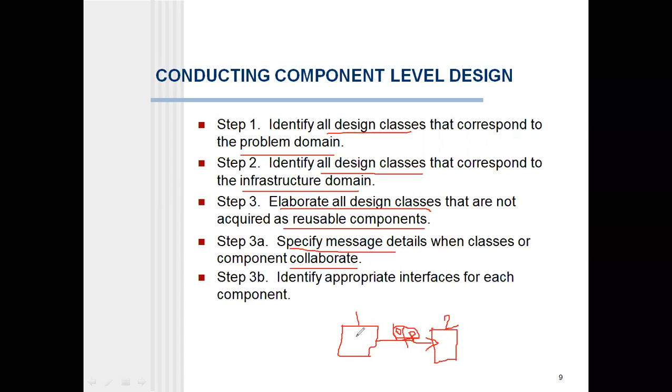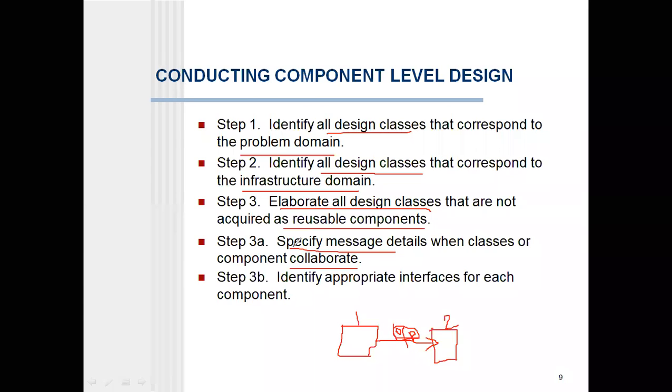This class 1 sends output to class 2, which means whatever value class 1 produced, that value is sent to class 2 as input. That kind of thing you should write with this link, right? This is called a message.